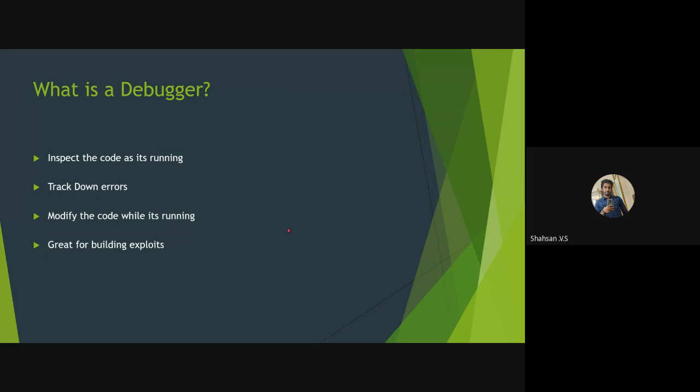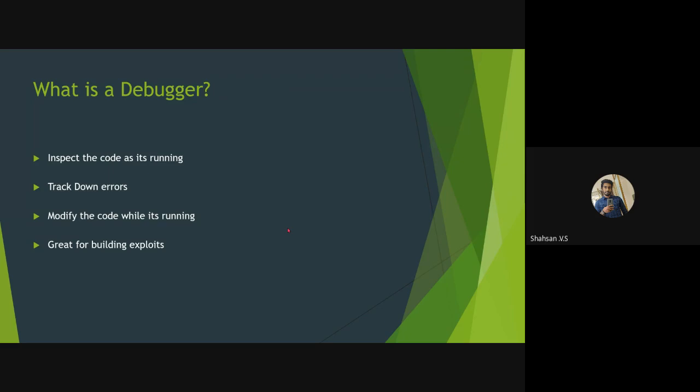These errors or bugs can be any issue in the source code of an application, or any issues that are happening to the system. So it is called debugging.